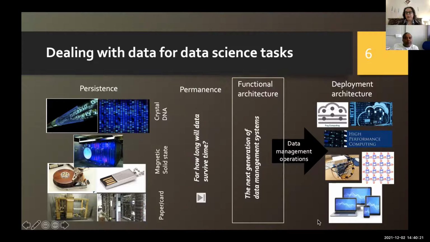So today, in the hardware domain, people have been analyzing this problem, and they are moving from paper cards to magnetic and solid state. Solid state has become the day-by-day solution. Almost all our machines have solid state disks, and then we're moving into crystal and DNA.